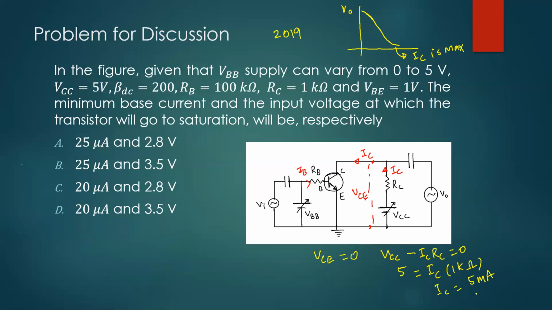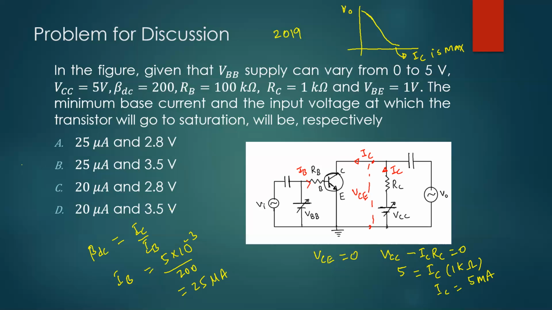Because IC is 5 milliamperes and the current gain is given, beta DC is IC by IB. So IB will be 5 milliamperes divided by 200. That should give you 25 microamperes. So I can eliminate C and D.